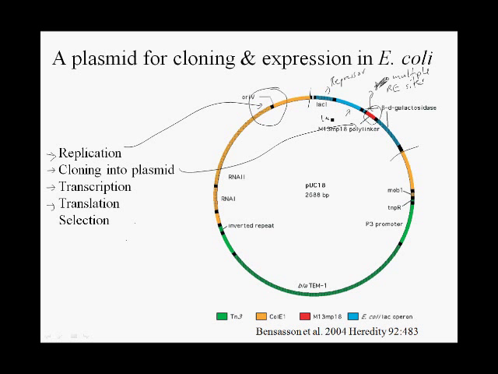Here's the lac promoter. Okay. This contains all the control sequences for initiation of transcription. Okay. So it has the lac operator, promoter, the CAP binding site to make transcription inducible in response to the presence of lactose or other inducer of the lac operon, and as long as glucose is absent.